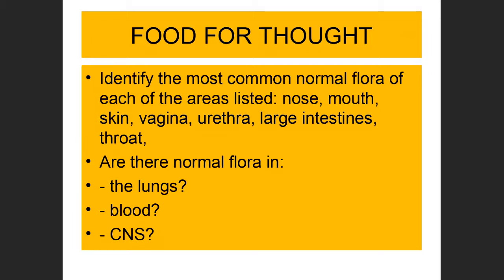We did not mention the central nervous system, the heart, blood, lungs, kidneys, liver. So any place we did not mention is a place that should not have normal flora.